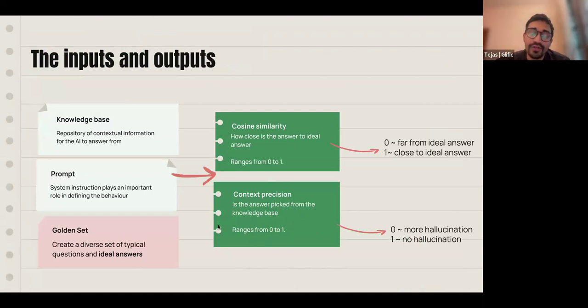That is an indicator of whether the answer is grounded in the knowledge, meaning the answer has been formed from the knowledge base, or whether the generated answer does not have any ground truth in the knowledge base. So the value of this context precision should help you understand; if the value is higher, that means there is a high chance of this.